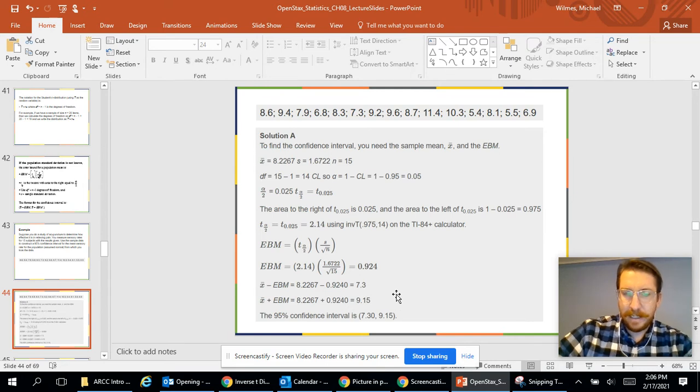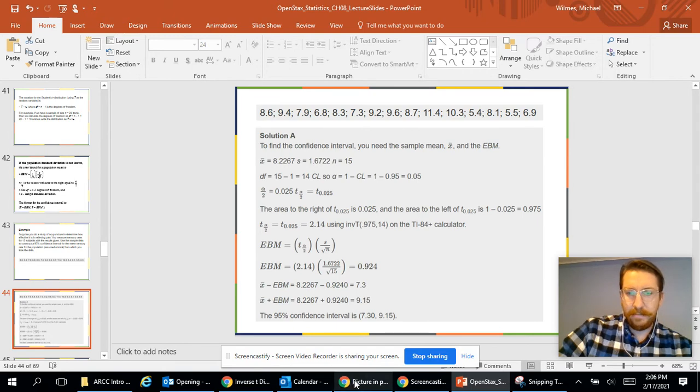So when we take a group of data from this acupuncture study, we would say we have a 95% certainty that the average will fall between 7.3 and 9.15.